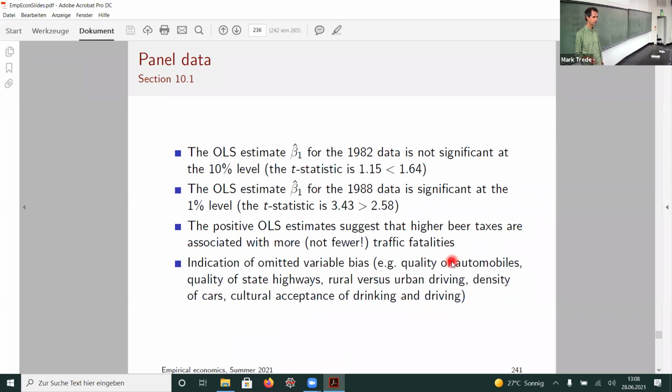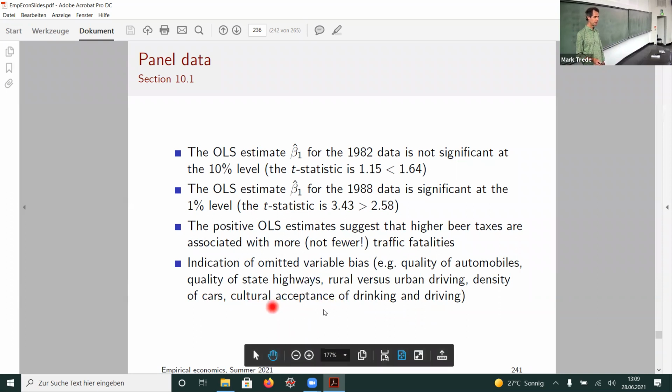The quality of the cars might be different in different states. The quality of the streets might be different in different states. In poor states, people might drink more and have less safe streets, or urban versus rural behavior might be the difference between these states, and so on. Cultural acceptance of drinking and driving might also matter.